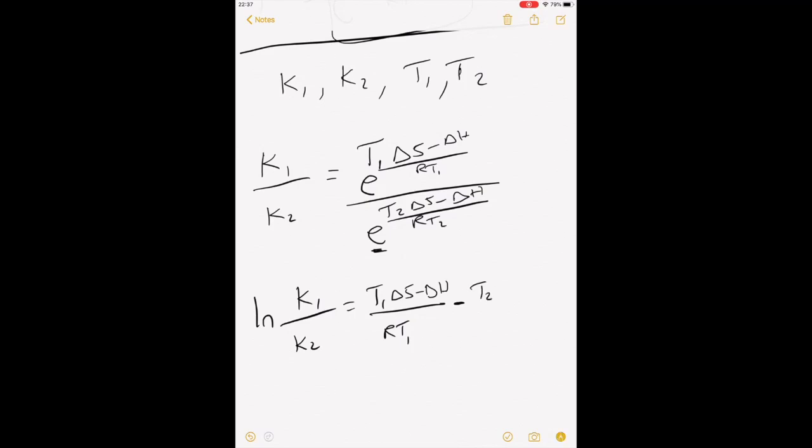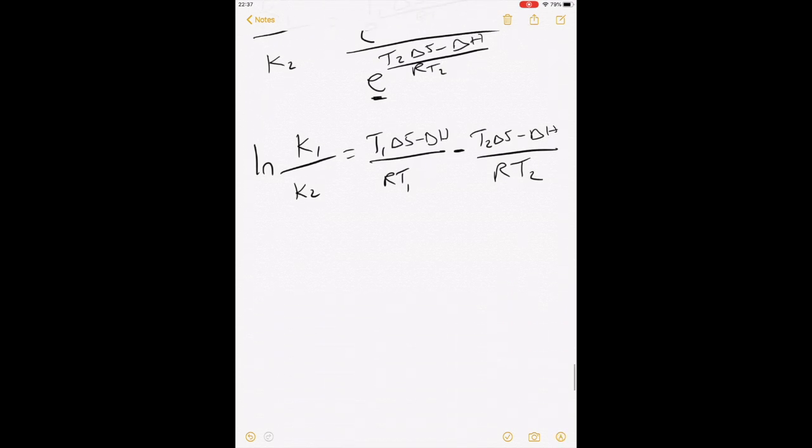So that means T2 delta S minus delta H over RT2. Now that means we brought everything to the same level, but still we need to simplify it further. The way we can simplify this further, if you do a normal way, you can't, because these are different. You can't just do it a normal way.